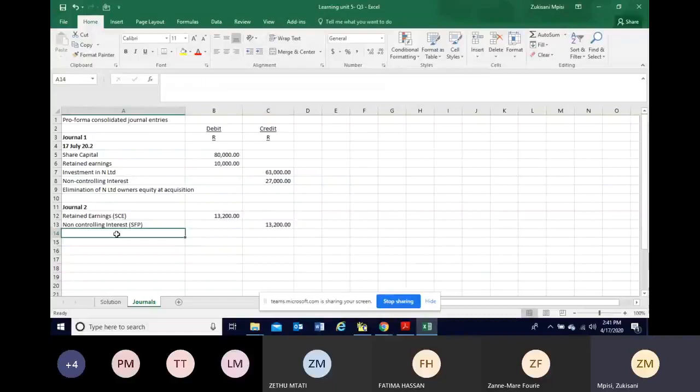So what is going to be our journal entry? Our journal entry is going to be: we are recording non-controlling interest share of retained earnings for the period, which means from the 17th of July 20.2 to just before the year started, which is 30 June 20.7.